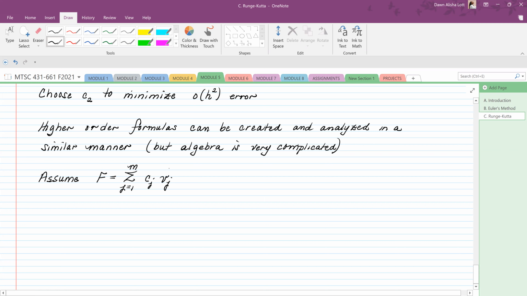So the Vjs are the slopes. I couldn't say it. So V1 is equal to F of X, Y.